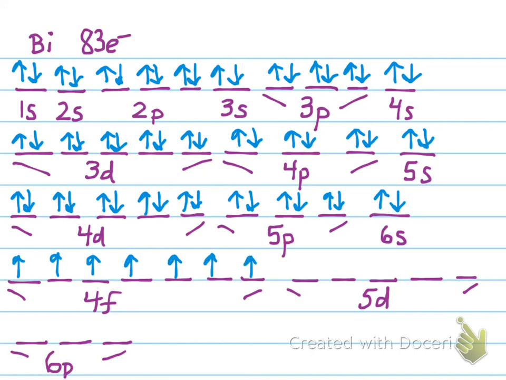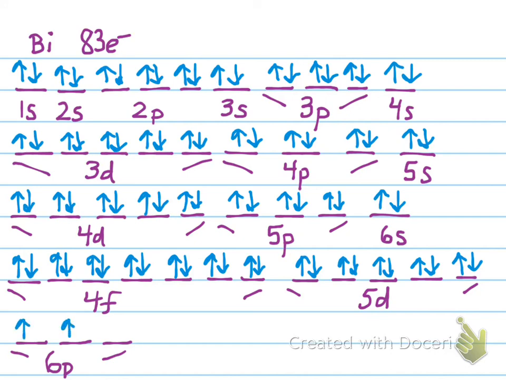Right now I'm at europium. 64 through 70, 71 through 80. So right now, number 80, I'm at mercury. 81, 82, 83. Hopefully you did that correctly.